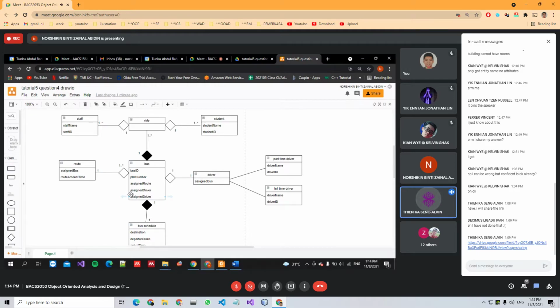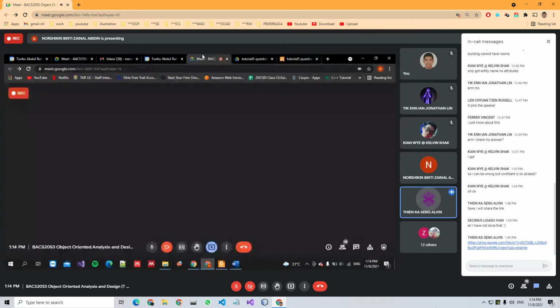Like the question said, the bus has one specific road, and it also has a driver, whether part time or full time, and only one driver is in charge of only one bus. Yeah, that is what I understand from the question.